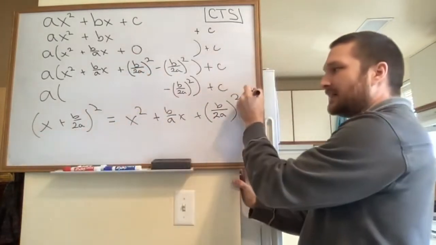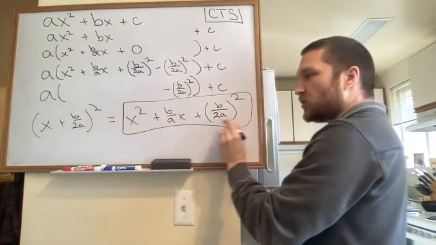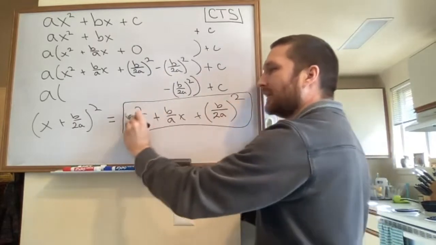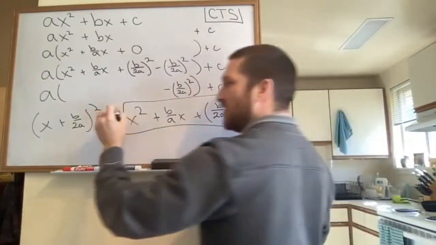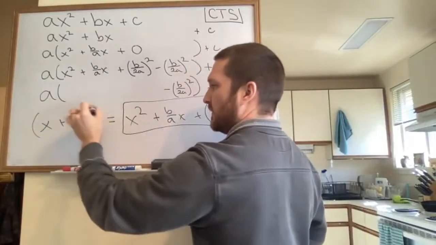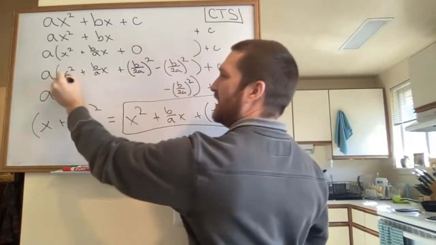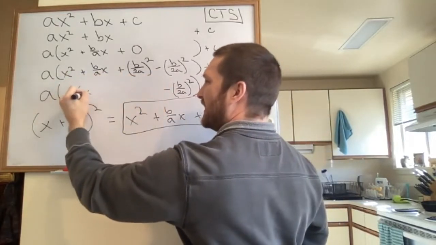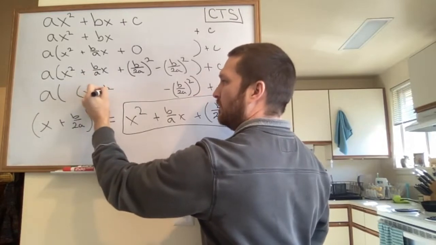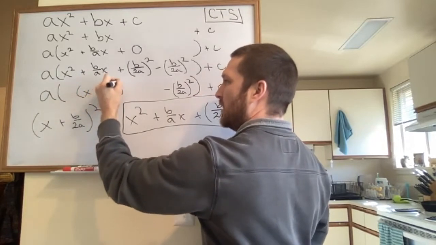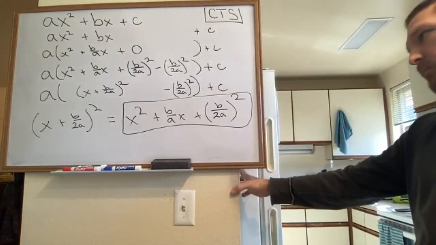And like I said at the beginning, don't lose sight of what this means, that once you have that, you can replace this expression with this expression right here. And so this entire bit right there is the same thing as x plus b over 2a quantity squared right there.